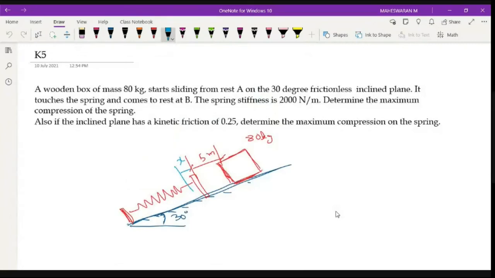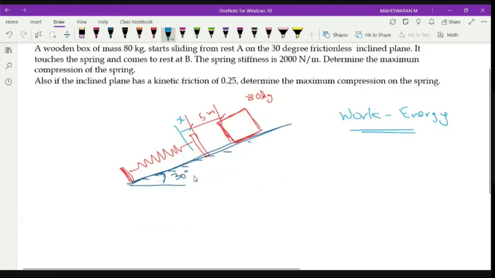Work energy. Yeah, very good. So we can solve only by work energy method. You can't solve in any other method. Whenever you have a spring, concentrate only on work energy method.